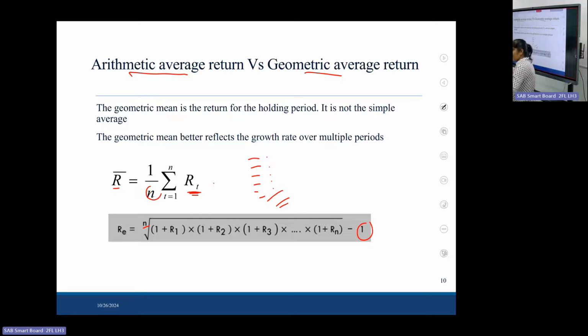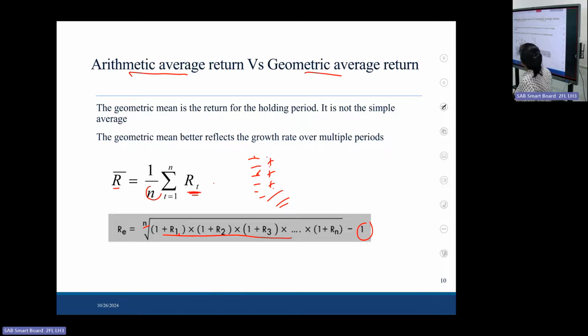But if you look at the geometric mean, here 1 plus R1 into 1 plus R2 into 1 plus R3, there is a multiplication. Each return impacts the others. So when we calculate the geometric mean, it implies compounded value, or the reinvestment calculation.